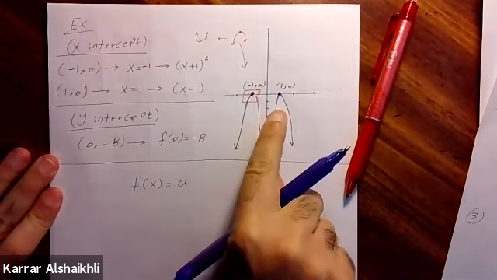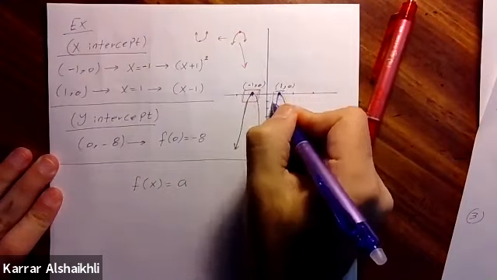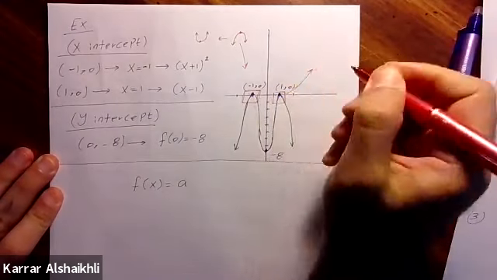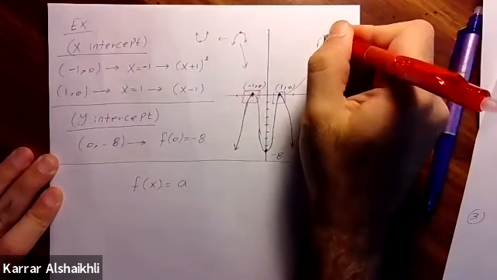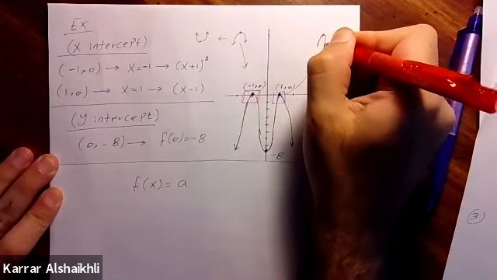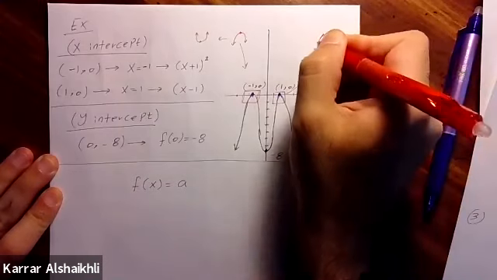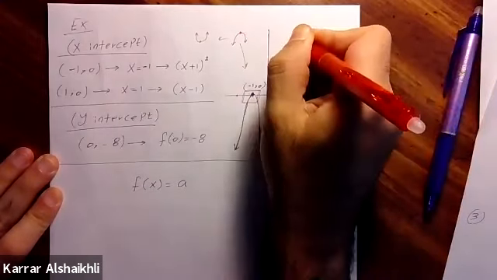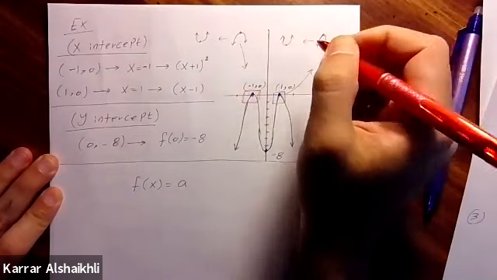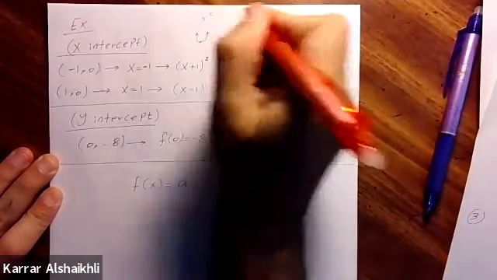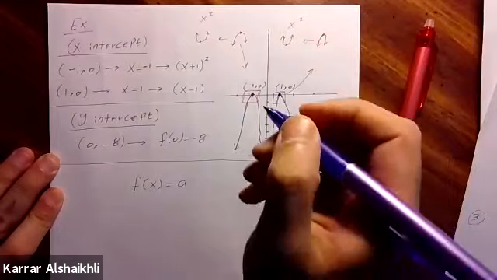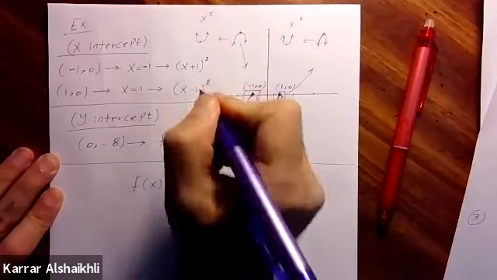I'm going to do the same thing on the other side. Also at this point, the graph is exactly the same thing like this, which is the graph of x squared. So I'm going to square this factor too.